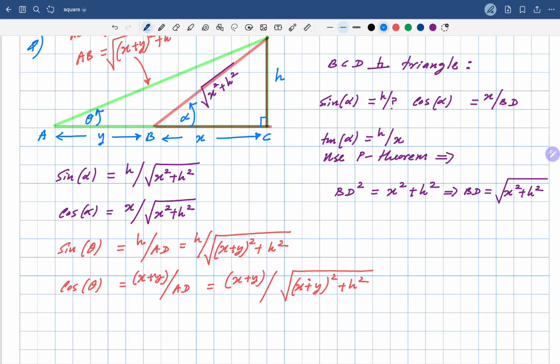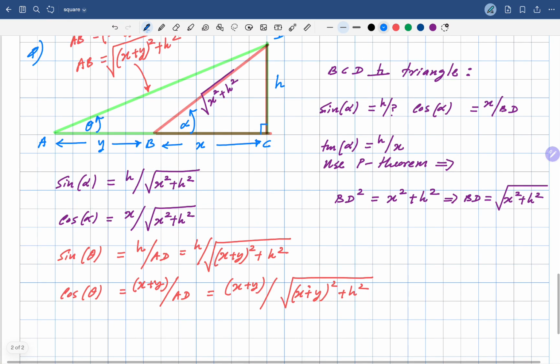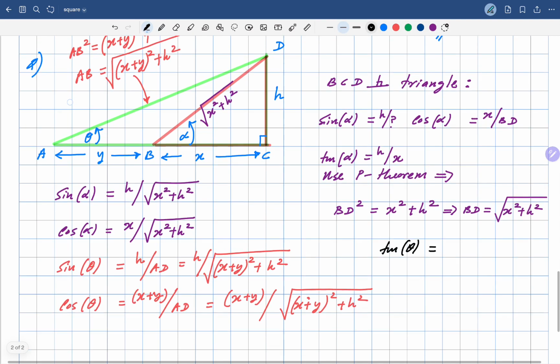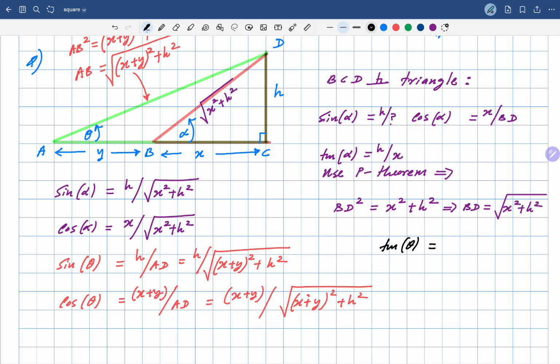Also in this question, we will use angle theta and angle alpha to find the relations between h and x, y. Let me write it down here. I'm going to use tan theta for the ACD right angle triangle, which is the biggest one. So tan theta is h divided by the adjacent, which is x plus y.